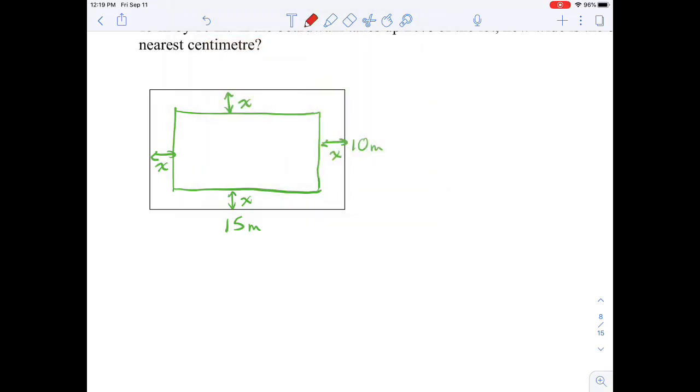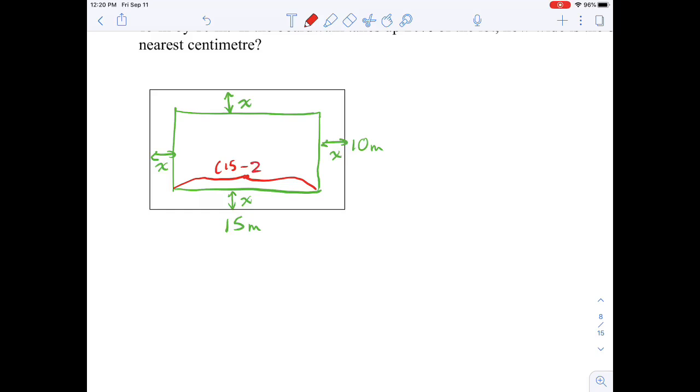So if we want to think about this distance inside, it started as 15 meters, but we've taken away an x from here, and we've also taken away x meters from this side.